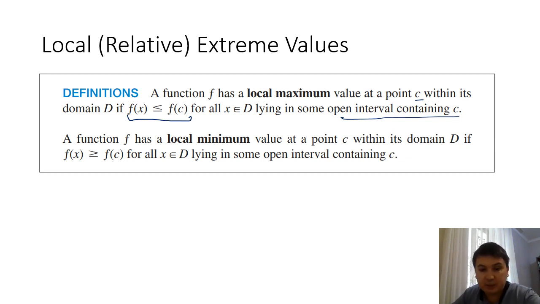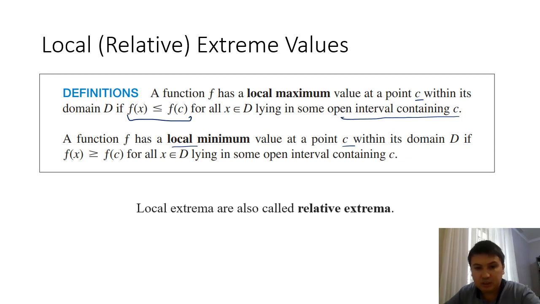And the function has a local minimum if, when I zoom in and look locally around c, f of c looks like a minimum. In this case, we sometimes call it relative extrema.